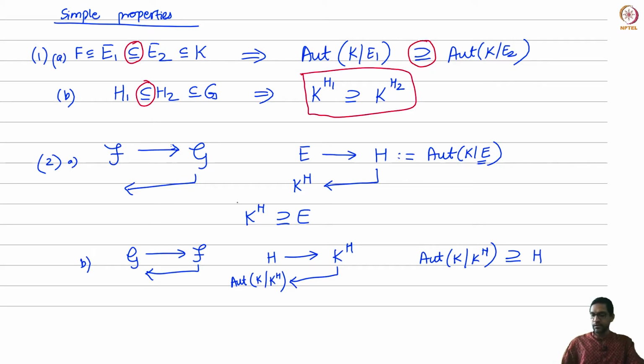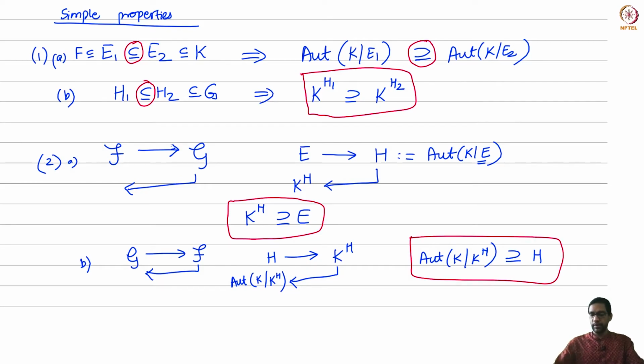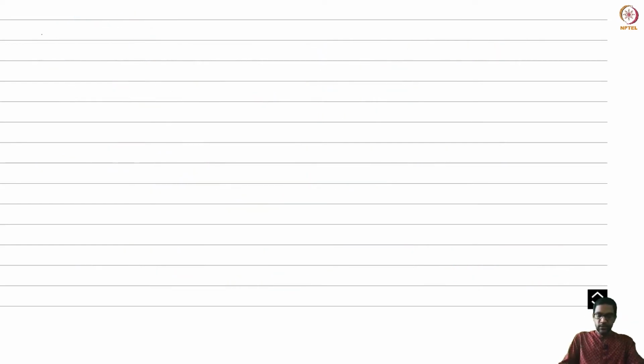The final answer after composing the two is always bigger than the original. So these are the simple properties, and the fundamental theorem of Galois theory says really that these two maps are inverses of each other. Okay, so here's the theorem which we call the fundamental theorem of Galois theory.